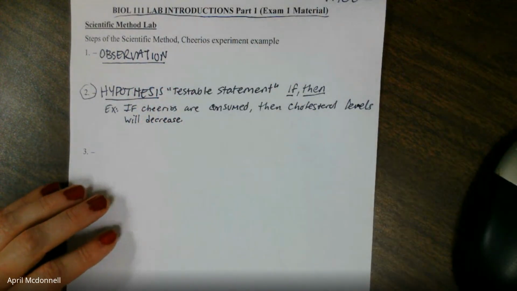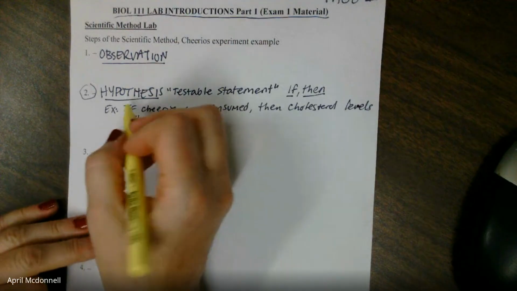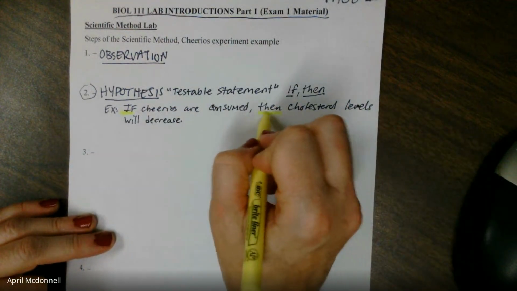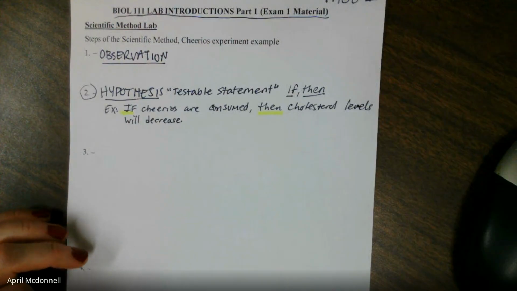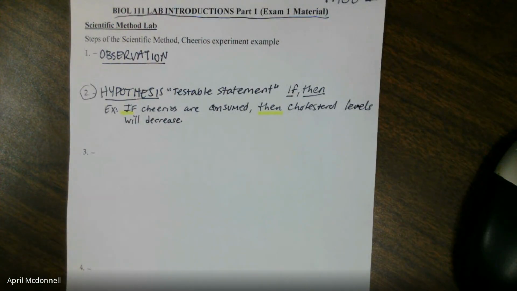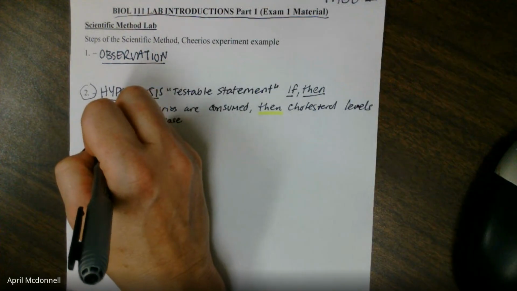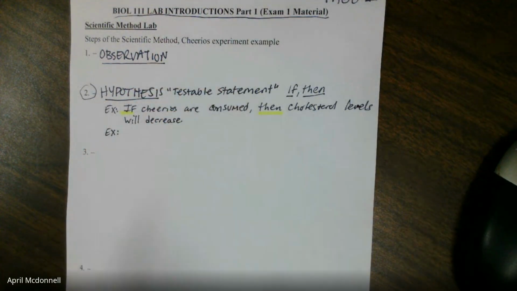Notice that this statement has the two words if and then. That is a statement which we can definitely perform an experiment to test. Now I want to make sure that you understand that a hypothesis does not have to have the words if and then within the statement in order to be a hypothesis.